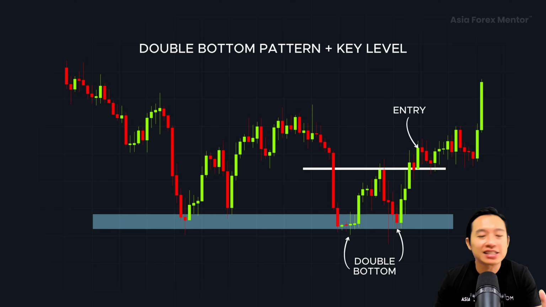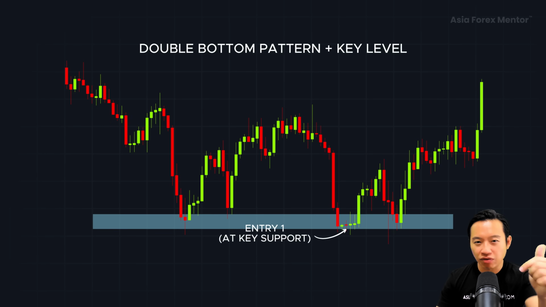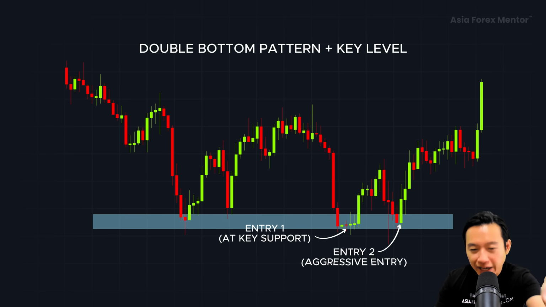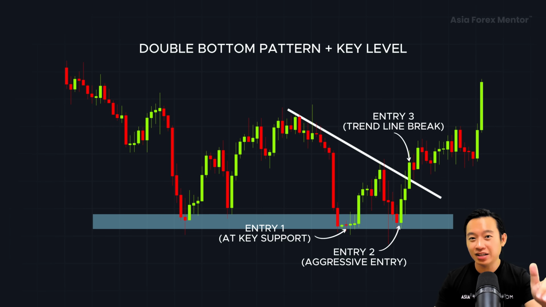So this is an excellent example of the many different opportunities to enter trades. Some would enter long right at this reversal point here, right? Some would enter long right at the second reversal point here. Others would place a trend line and enter on the break of it here.